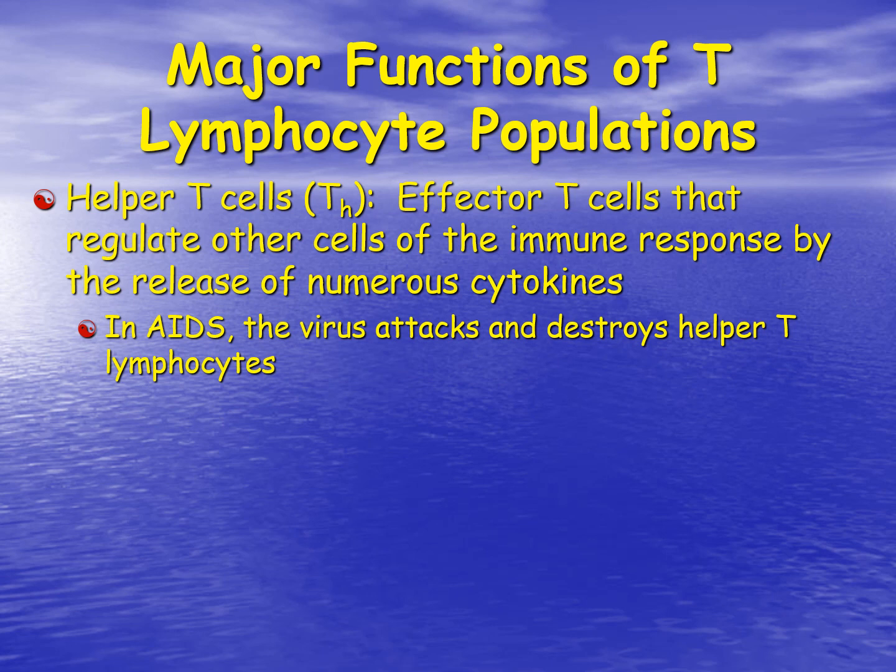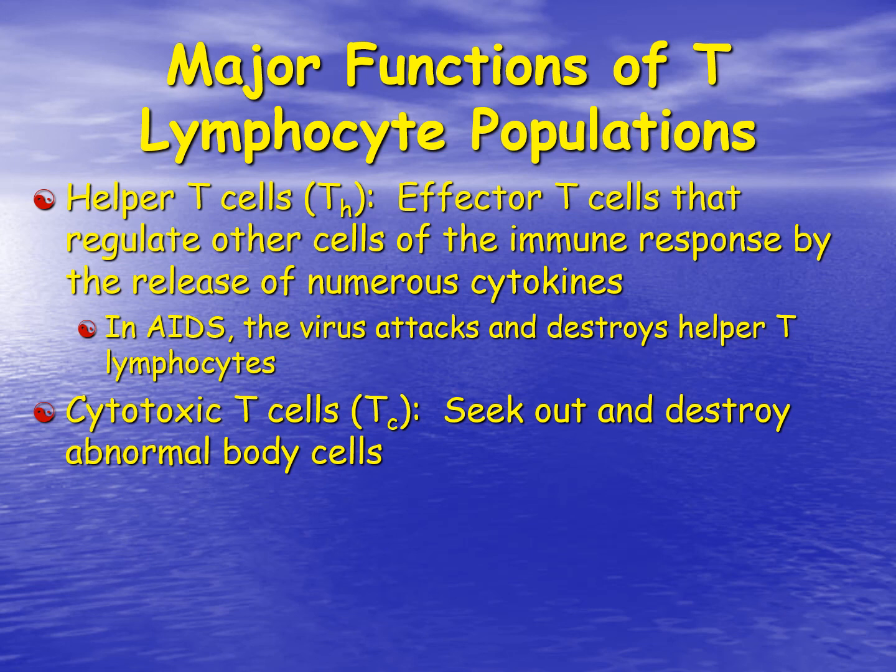So in HIV infections, the virus attacks and destroys the T helper cells. People with HIV don't die of AIDS, they die of other infections that the immune system can no longer bring under control because they've lost the T helper cell, which is really the key for the adaptive immunity to start.